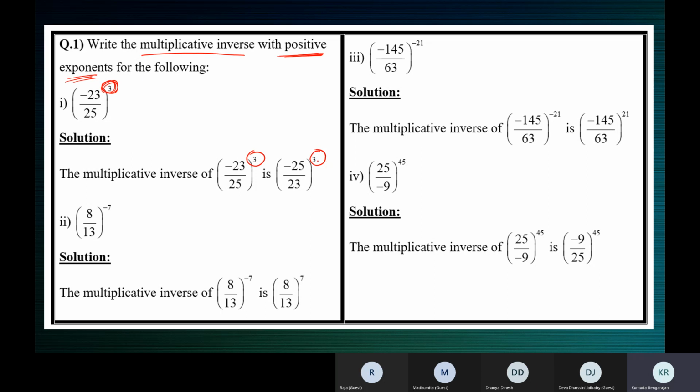So let it remain positive. So we have to change the base. In the second one, the power is negative. So we have to make the power positive. Minus 7 becomes plus 7. Write the base as it is, 8 by 13. Go through all the 4 and tell me if you have any doubts, children. No doubts, ma'am.